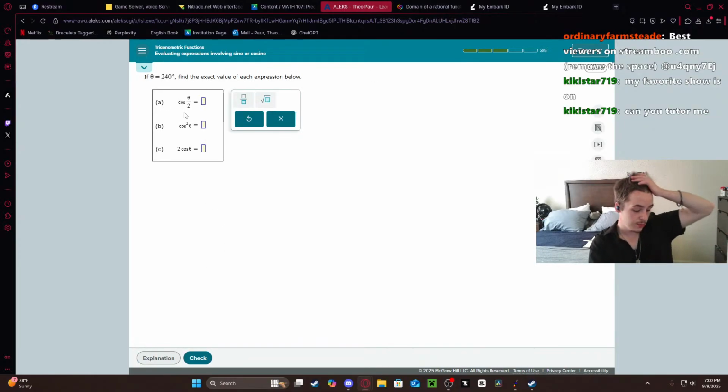Okay, angle 240 takes us to 180 plus 60, puts us here. Cosine of that is negative 1/2, over 2, puts us at negative 1/4.